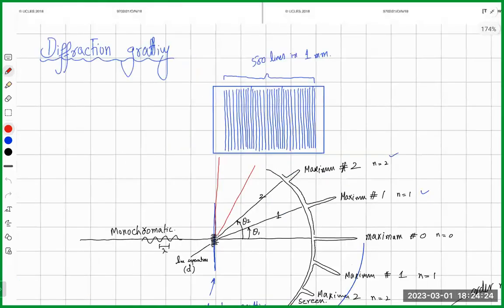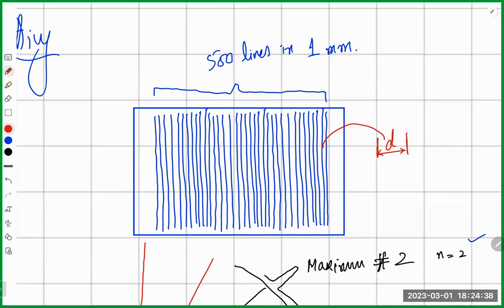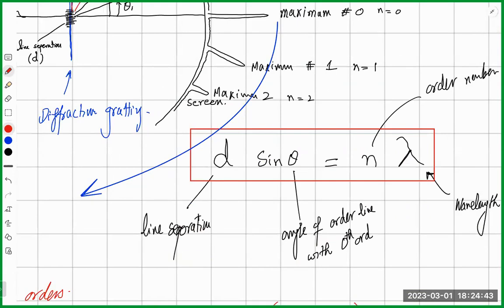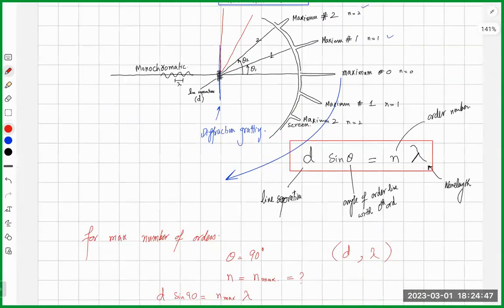If there are so many lines, the gap between two consecutive lines will be d. Theta is the angle between the zeroth order and the order we are studying, n is the order number, and lambda is the wavelength.